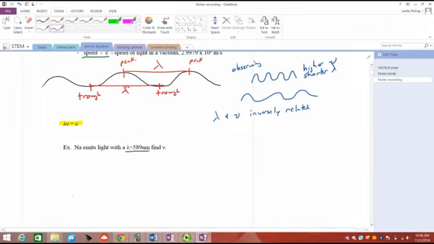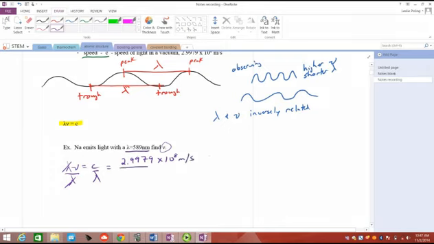So we are given lambda, and we want to find nu. So if we divide both sides by lambda, we can plug in our values. So 2.9979 times 10 to the 8th meters per second.